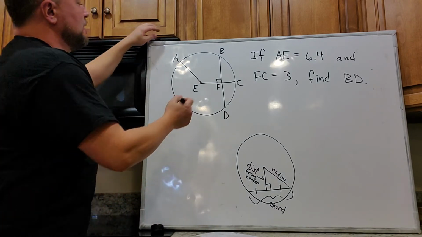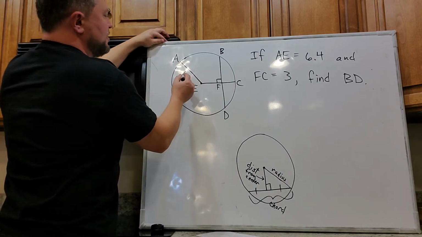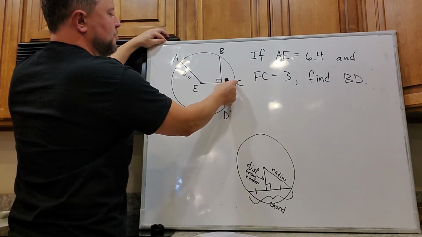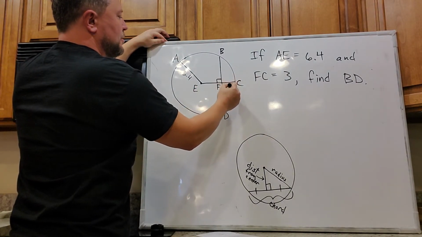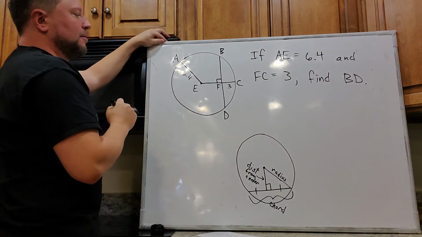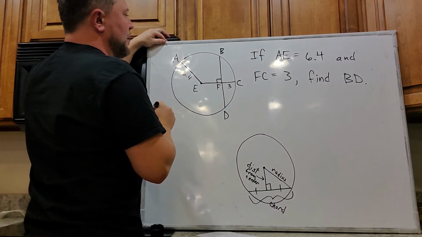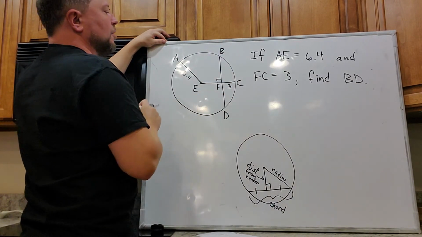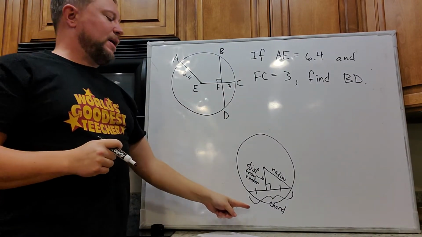All right, so AE, they gave that as 6.4. FC, that's this little part right here, is 3 from there to there. And they want us to find BD. BD being that full length of the chord. Okay, so they're having us find the chord.